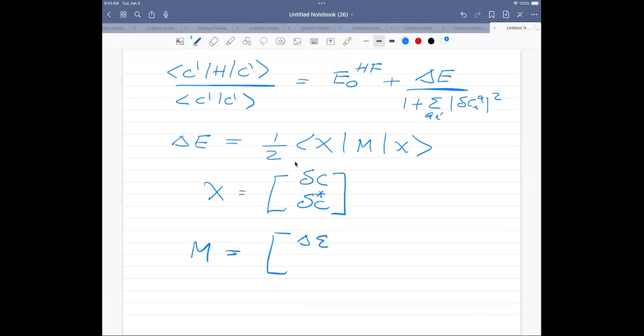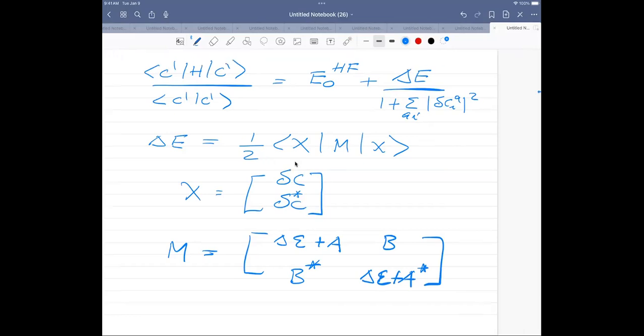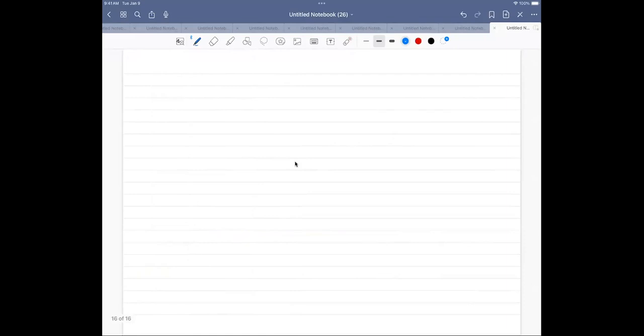So we have this delta epsilon plus this matrix A. And then I define a matrix with the B's. And I have a matrix B here, which is the complex conjugate of B. And then I have a delta epsilon plus A, complex conjugate. So if I set this up, what I will have then is the following. So I'm going to get a delta C.